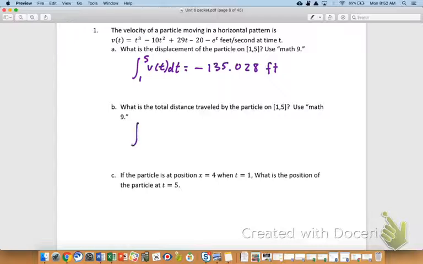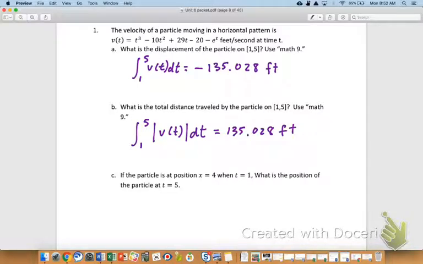Part B would just be the definite integral from 1 to 5 of the absolute value of v of t dt. And here, I think, did you guys just get positive 135? Okay, so this is a nice contrast to the one we did just a second ago. So the one we did a second ago, the displacement and the total distance traveled were different. And Isabel said that means that the particle turned around, right?